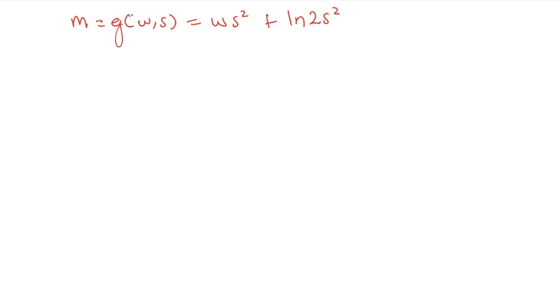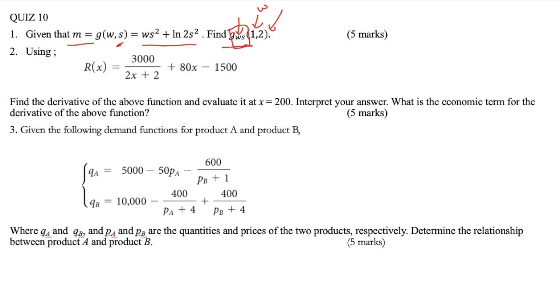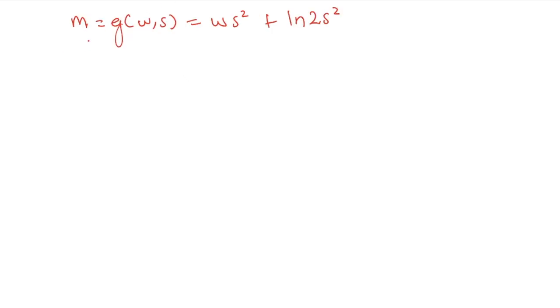Okay, so we know that we need to find this, GWS. So first we need to find GW. It's actually equivalent to this, delta M over delta W. That's what it means. If you don't write this one, it's also okay, but I just want to explain to you what it means by this sign.